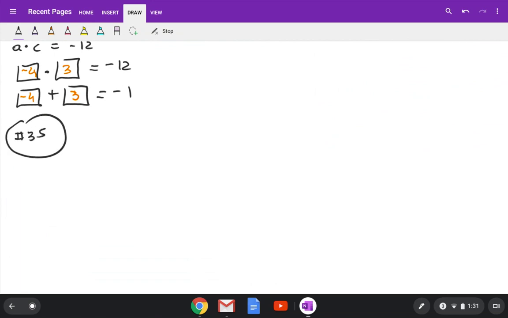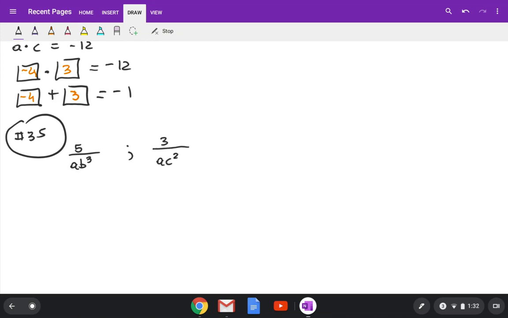I think I'll have to create 2 videos for the review. So 35, what they ask in 35: write each fraction as an equivalent fraction with the LCD as its denominator. They give you the fraction 5 over a b to the third power, and the second fraction, they give you 3 over a c squared.